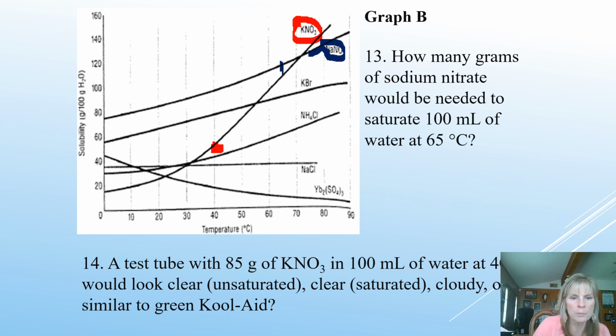What would it look like? Well, at 40 degrees, it looks like I can only dissolve about 50 or 55 grams. So not all of it's going to dissolve, which means it's going to make a cloudy solution similar to Kool-Aid. Okay, it would be cloudy. It would definitely have particles floating in it because it wouldn't be clear. It wouldn't all dissolve. There'd be some particles left over.